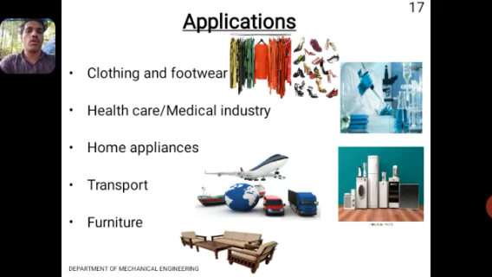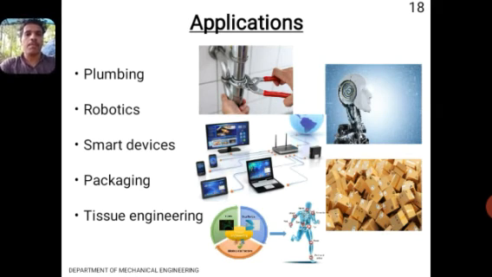Furniture, 4D printed furniture would simply pull itself together. Plumbing is another application of 4D printing technology. And robotics, wide range of application in robotics, soft robotics, self-assembling robotics, etc.